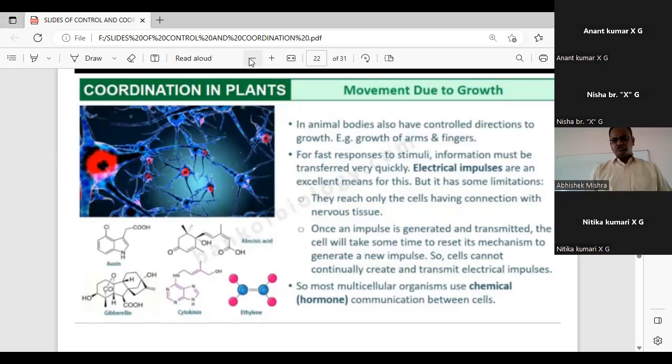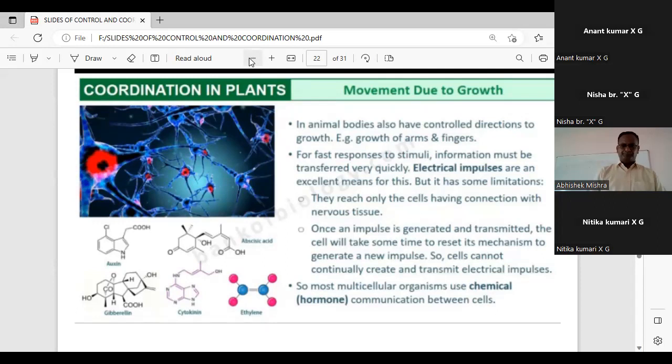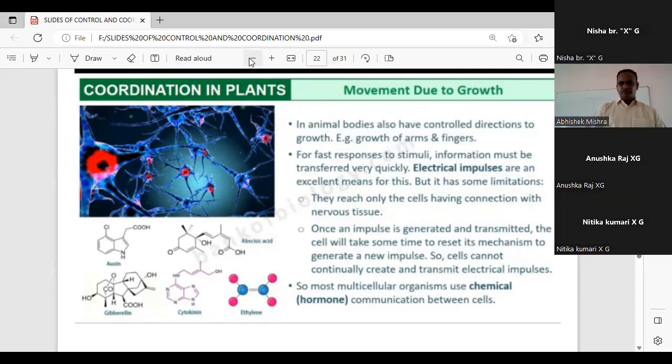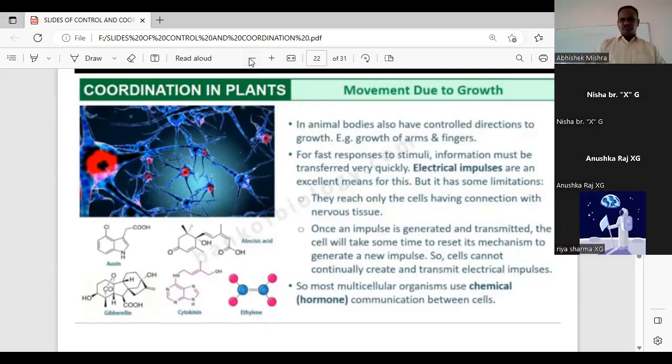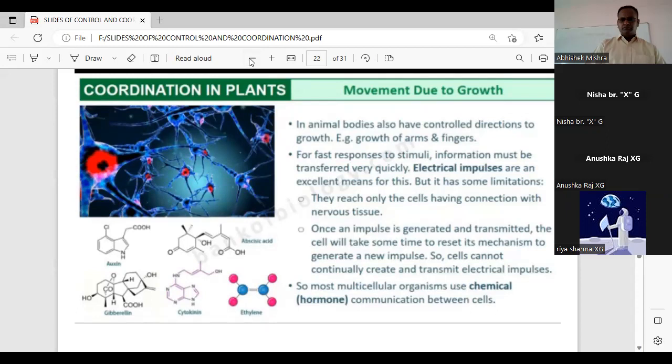Now, very important question. Can you say two differences between phototropism and photonastism? Okay, good. Yes, Nisha. Nisha, unmute yourself.